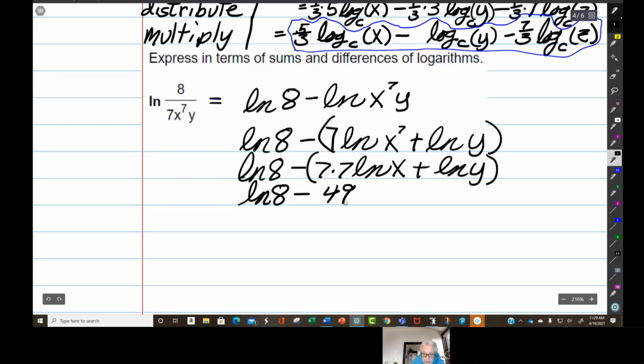Minus 49 ln x minus ln y. Now let me see. Okay, ln 8 minus the ln, oops, minus 7, that's 7, that I wanted to leave off. No, no, no. I'm glad I caught that.